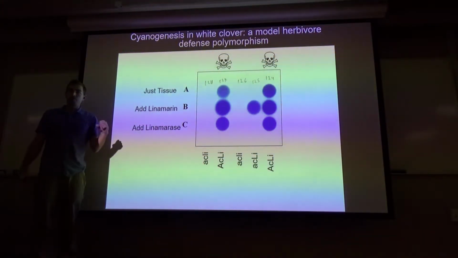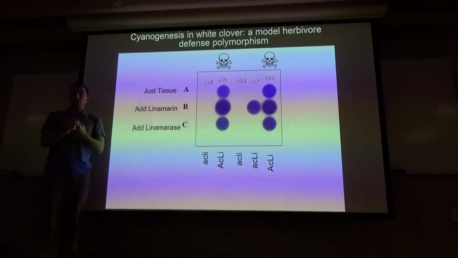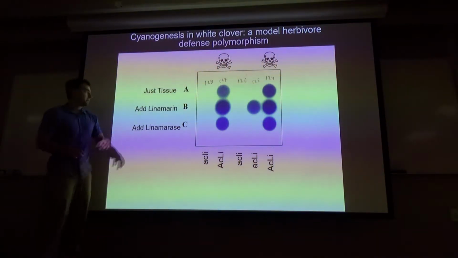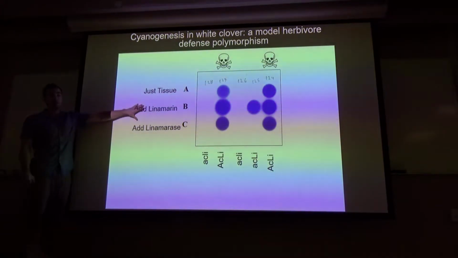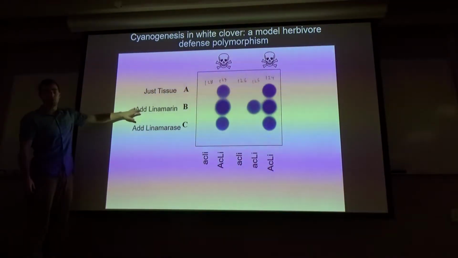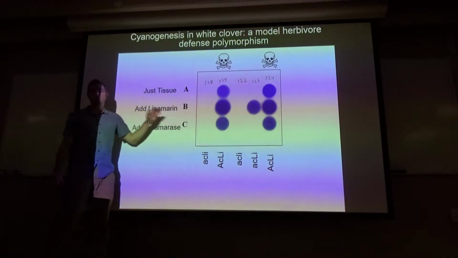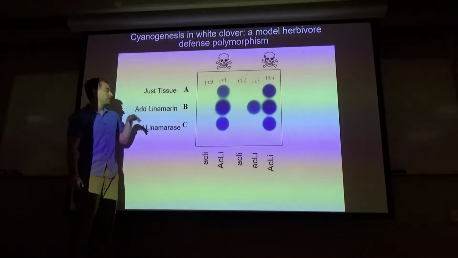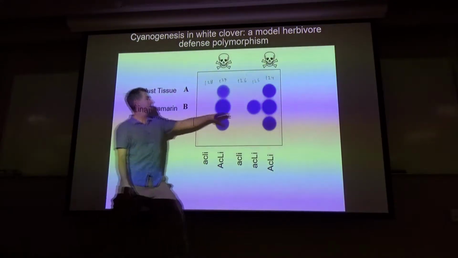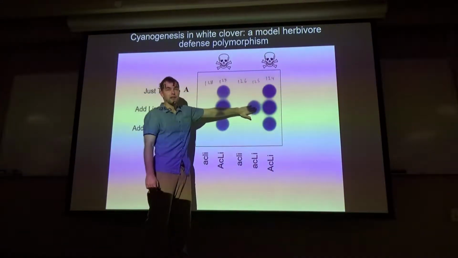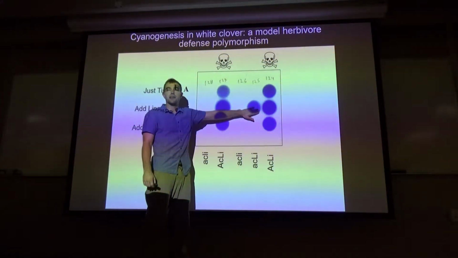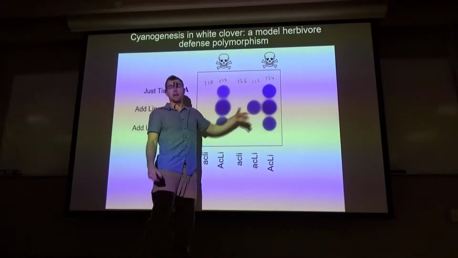We can also look for the presence or absence of cyanogenic glucosides and linamarase too by adding exogenous compounds. So if we add cyanogenic glucosides, then we can test for the presence of that enzyme, linamarase. If you have blue here, after we've added cyanogenic glucosides, this means you have the enzyme, but no cyanogenic glucosides that you're able to produce.